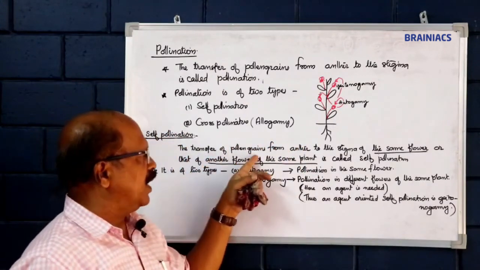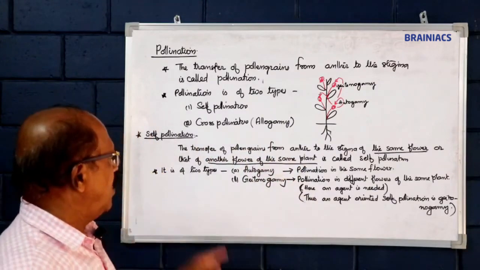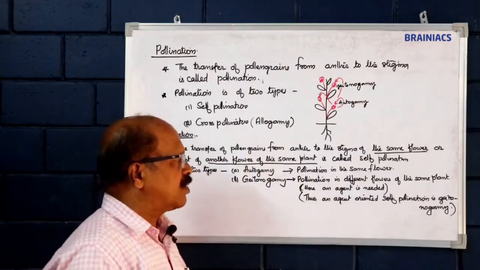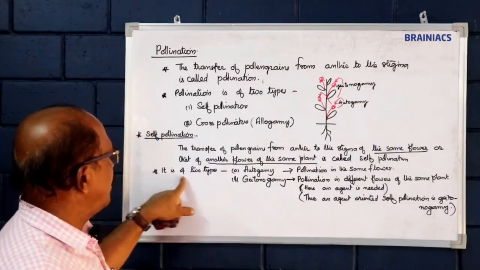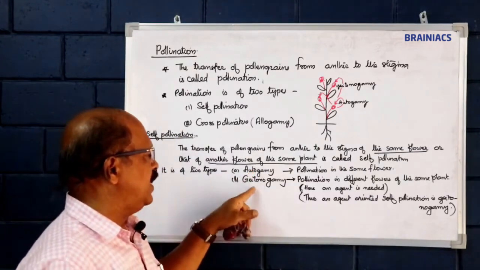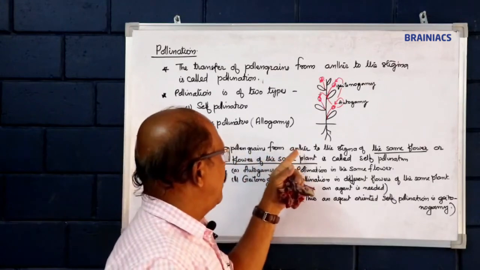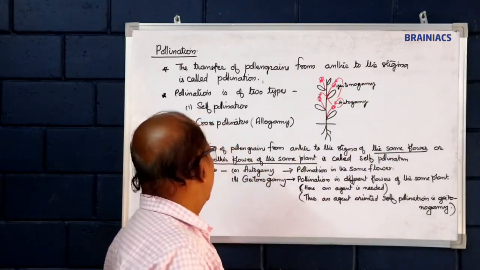The transfer of pollen grains from anther to the stigma of the same flower or that of another flower of the same plant is called self-pollination. Self-pollination is of two types, autogamy and geitonogamy. Transfer of pollen grains from anther to stigma of the same flower is autogamy.